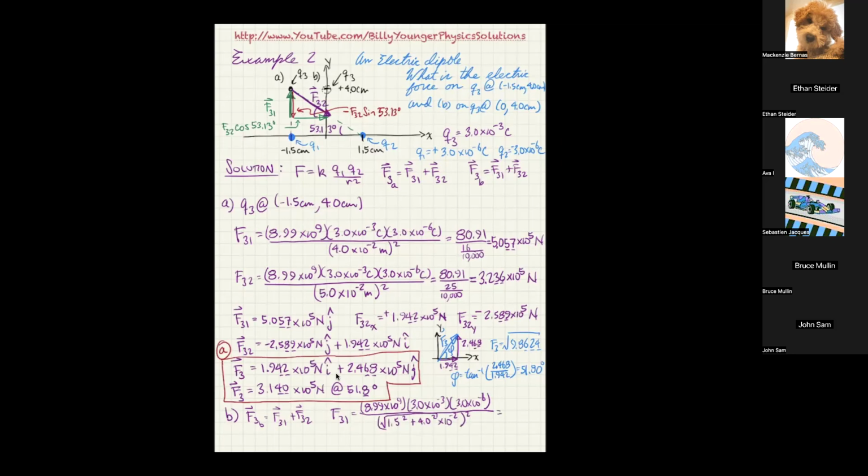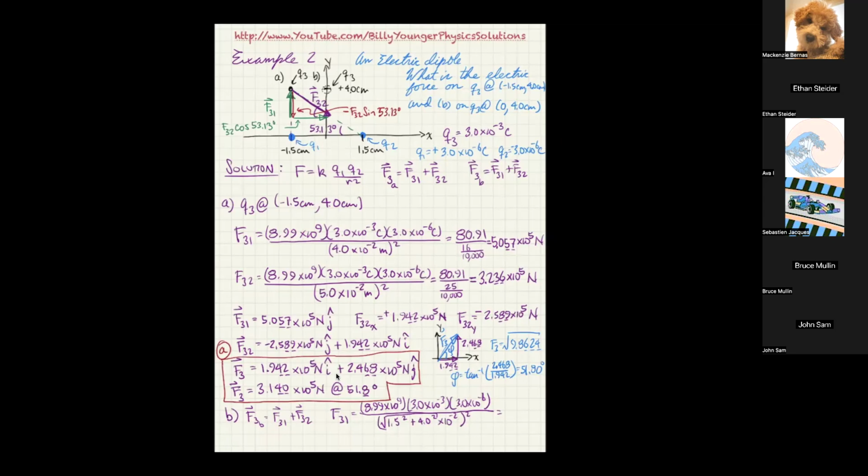So I'm going to say divided by parenthesis, actually the square root is going to be canceled by the squaring. So I'm just going to say 1.5 squared plus 4.0 squared. That takes care of the squared part.